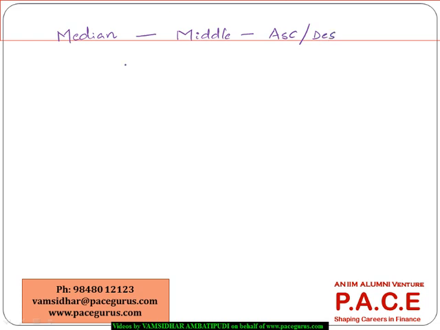So, if there are an odd number of data in your sample, you will have only one middle point. So the (n plus 1) by 2th element is the median.